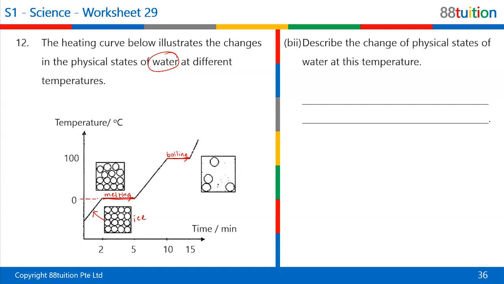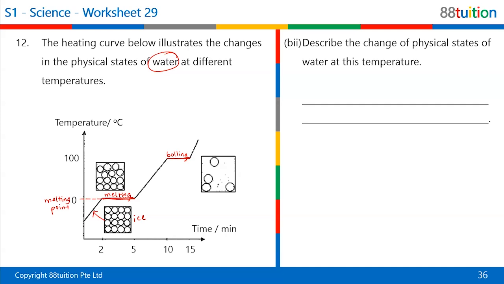So this temperature, where you have the horizontal line, is known as the melting point. Of course, now you're looking at the graph for water. It is very simple, 0 degrees, you know. But if it is an unknown substance, you will not know what its melting point is until you can read the graph.